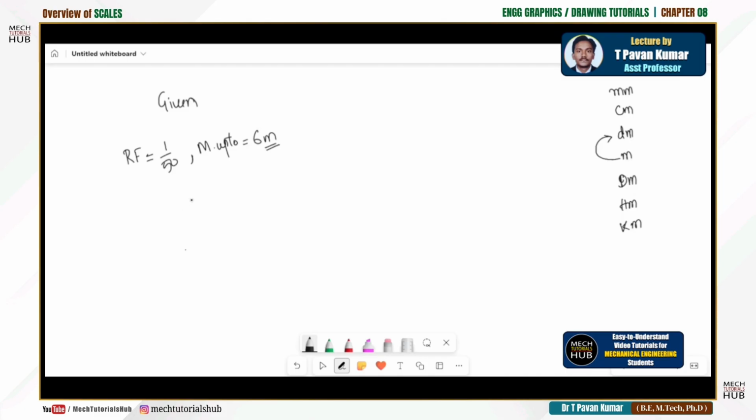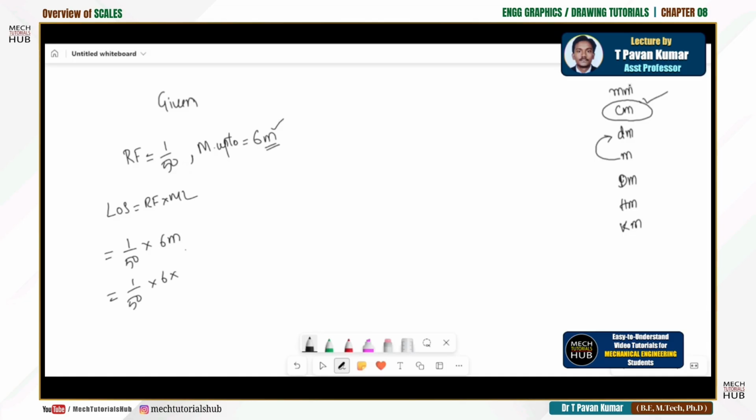Now we need to calculate the length of the scale, that is equal to RF multiplied by maximum length, that is 1 by 50 multiplied by 6 meters given. Again we need to convert: 1 meter is equal to how many decimeters or centimeters. To draw the sketch on a sheet of paper, whatever the question, we need to convert everything into centimeters, whether given in meters, kilometers or decimeters, because your scale can measure only centimeters and millimeters.